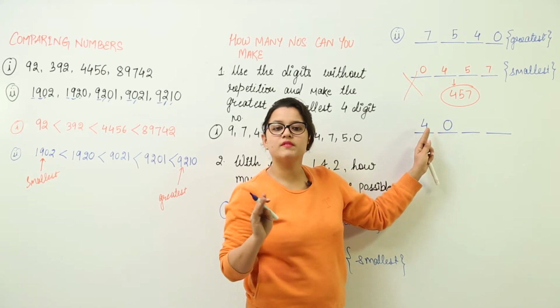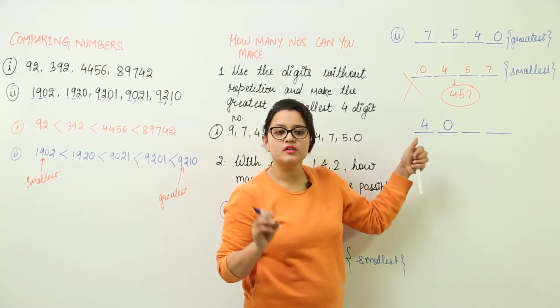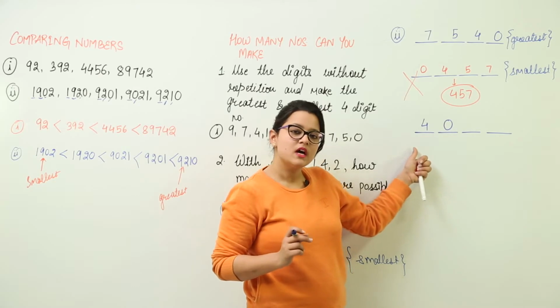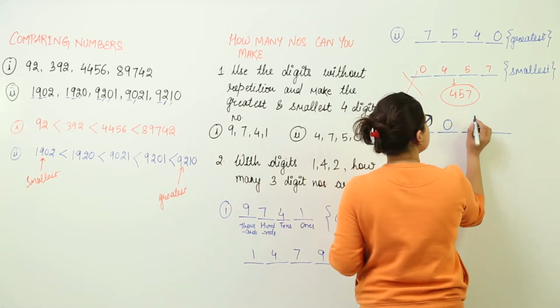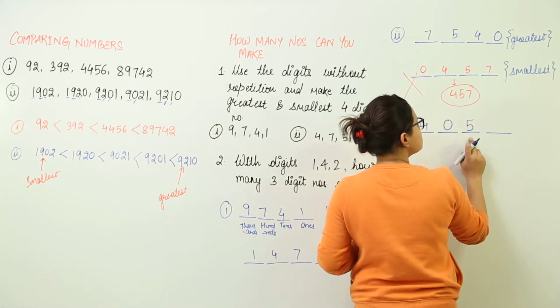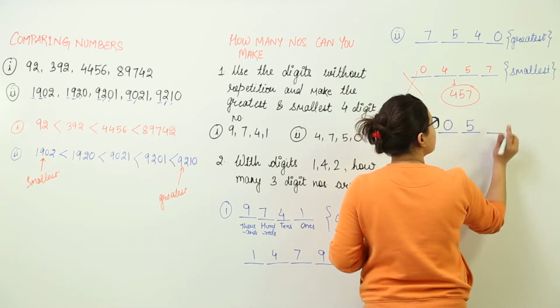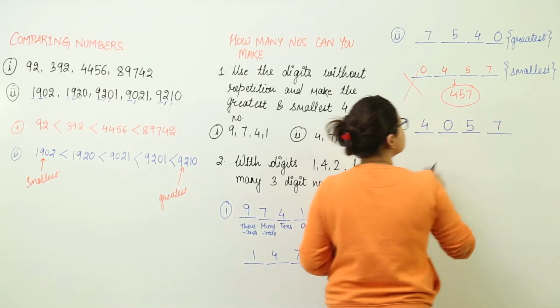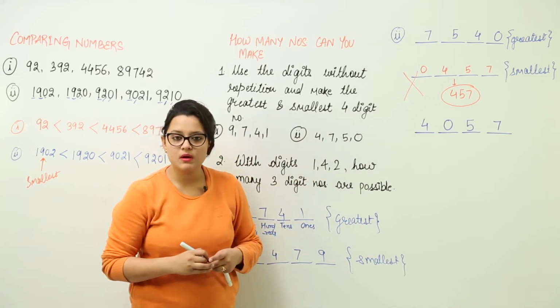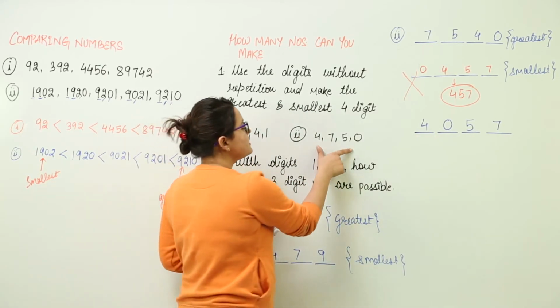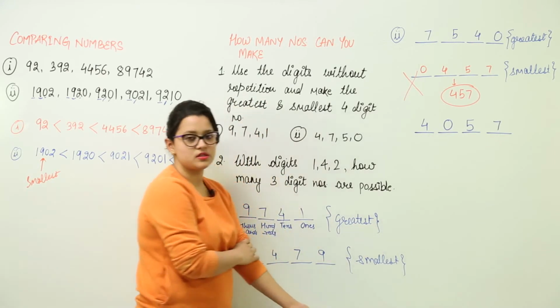Now you have 4, 5 and 7. So place 4, the smallest number, at the largest place. After that place the next number at the next highest possible, tens place 5, and at the ones place you have 7. So this is the smallest 4-digit number possible by these digits without repetition.